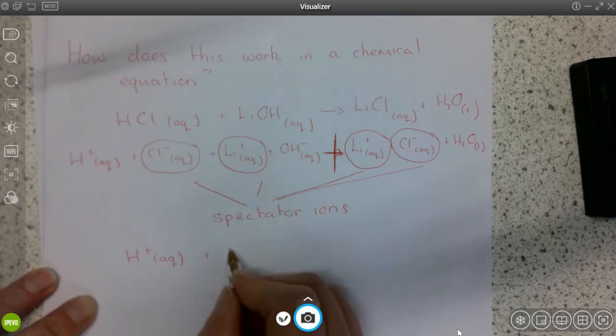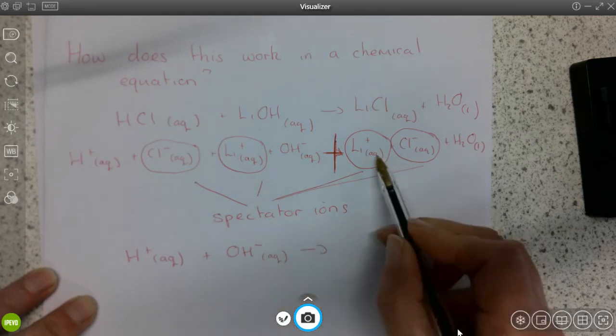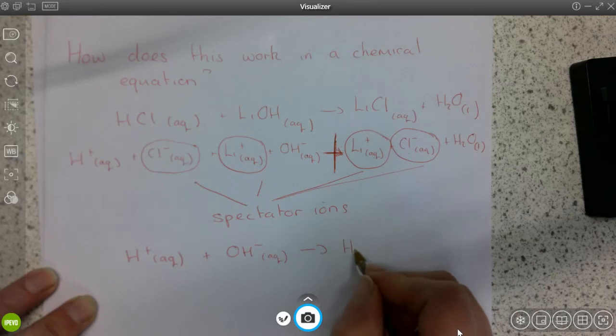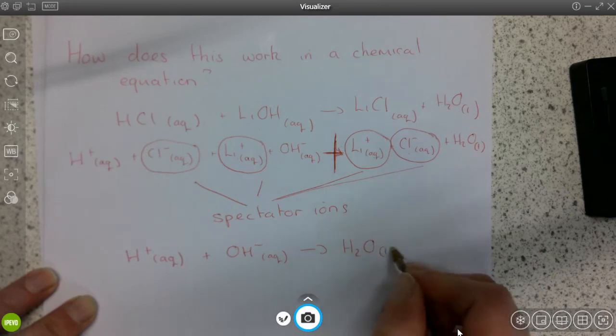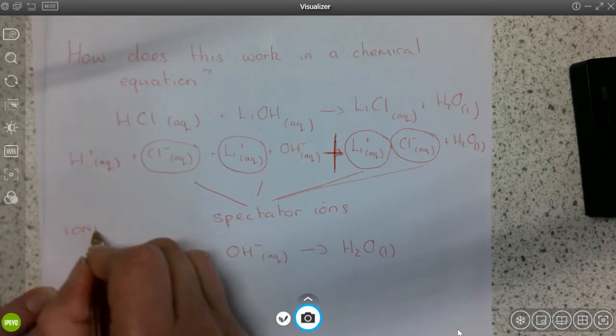Then I add my OH- (aq), then my arrow, and these two are the same on the left-hand side, so I'll leave those out. That gives me water as a liquid. So this is my ionic equation.